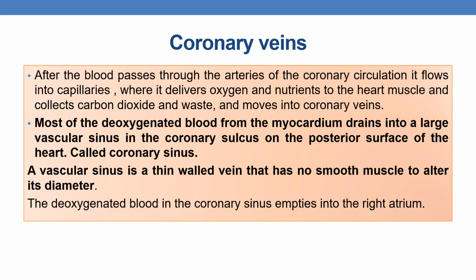Now coming to coronary veins. After the blood passes through the arteries of the coronary circulation, it flows into arterioles and then into capillaries. Here we did not mention the term arterioles. Remember, the blood flows from arteries into arterioles and then into capillaries.